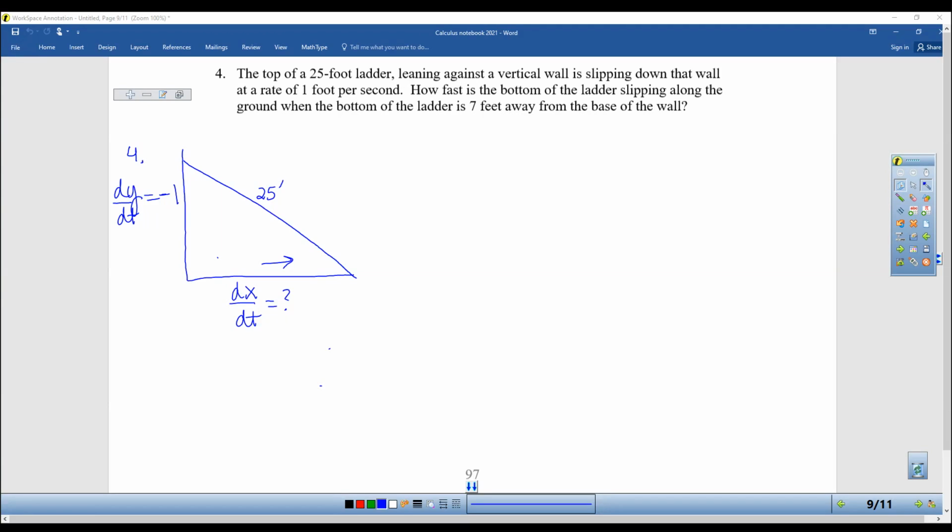So the question is, what equation connects these different pieces? On this one, it's a little bit different than what we've been doing. It's just the Pythagorean theorem. x squared plus y squared is equal to h squared, the hypotenuse squared. So x squared plus y squared is equal to 25 squared, which is 625.